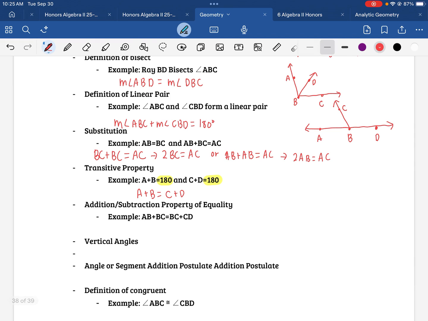Addition and subtraction property of equality. If we have that AB plus BC equals BC plus CD, this would be the subtraction property because you would subtract that BC from both sides. And then we would know that AB is equal to CD.